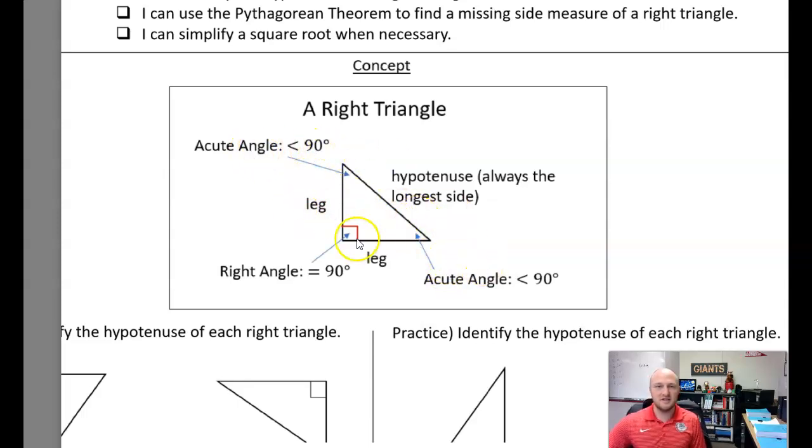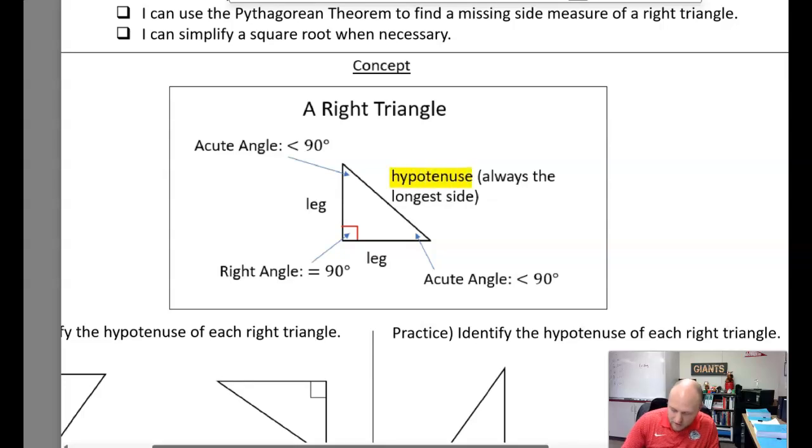This is because the sum of all of our angles adds up to 180. So if this is 90, then these two must add up to 90. Therefore, they're both going to be less than 90, which makes them what we call acute, because they're so cute, right?